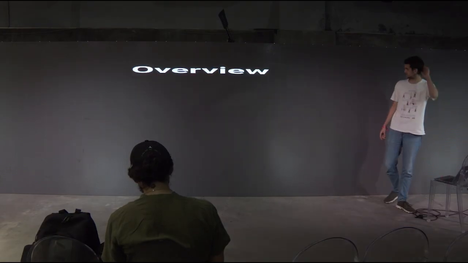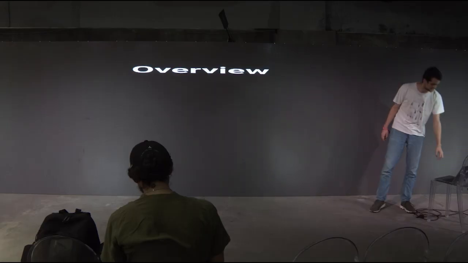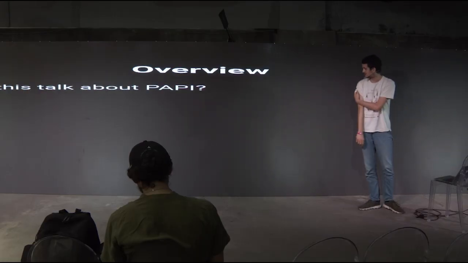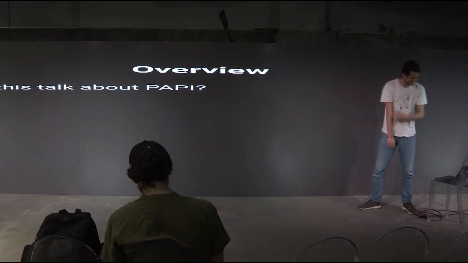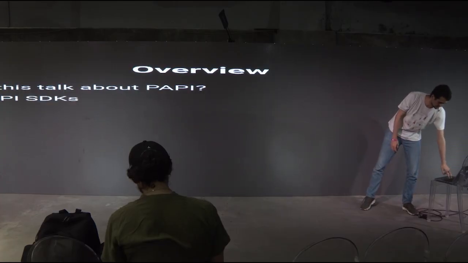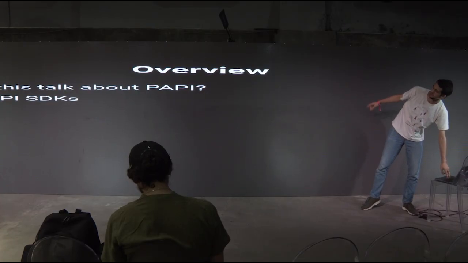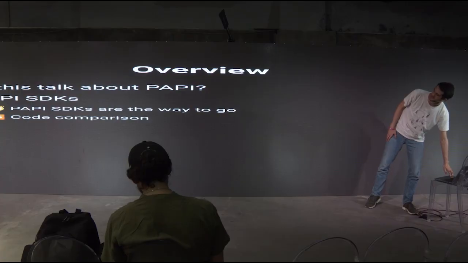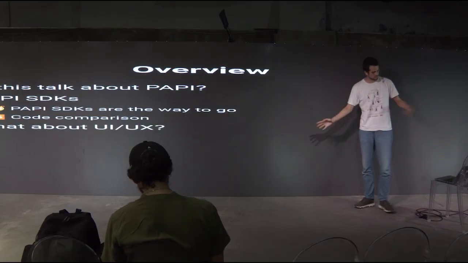So a quick overview. What are we going to see today? Basically, the first thing is what is this talk about, and if this is even about PAPI, we will see that in a moment. I will introduce PAPI SDKs, explain what they are, why we think they are the way to go, and also a quick code comparison. Then what about UI and UX, right?